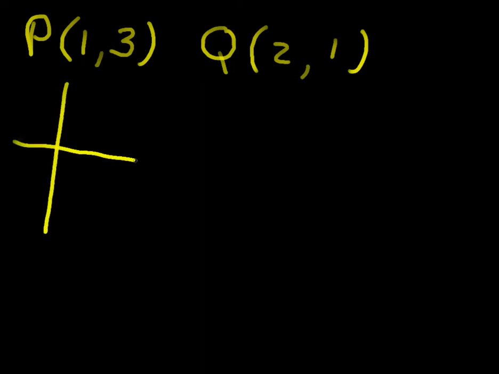I've got an XY axis, and the point 1, 3 is maybe about here, and the point 2, 1 is somewhere around here. And the line through those 2 points, let's see how well I can draw, would look like connecting these 2 points. We get the line.